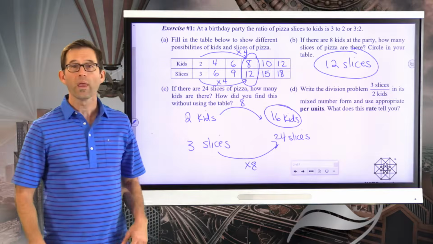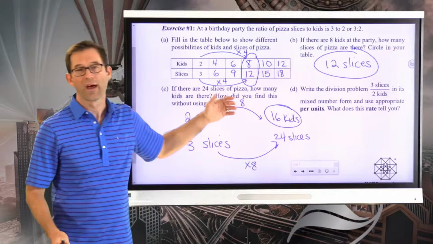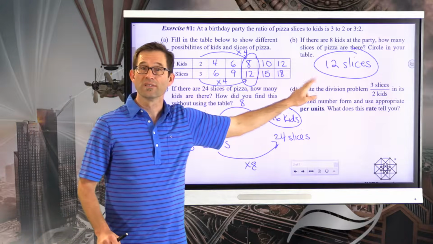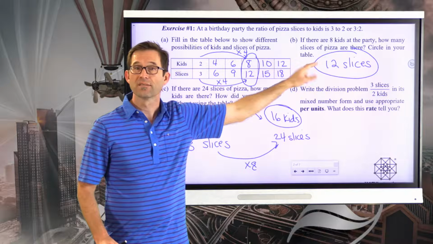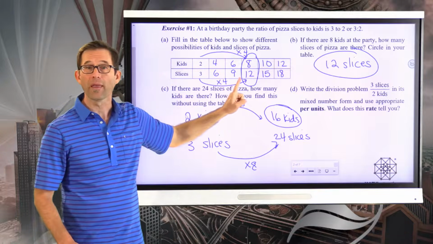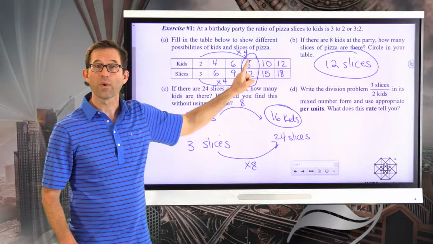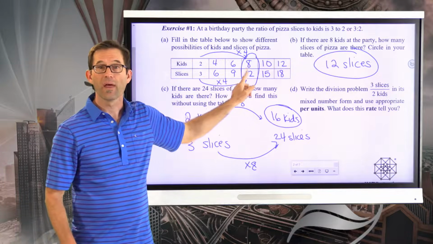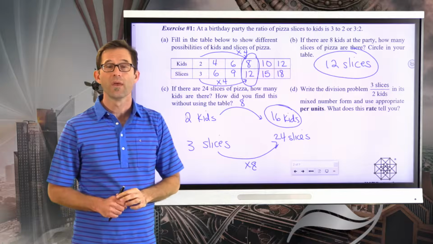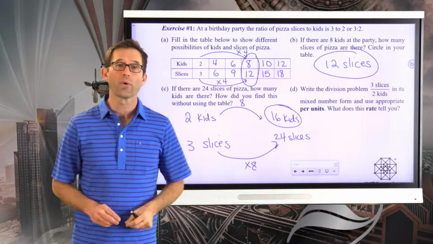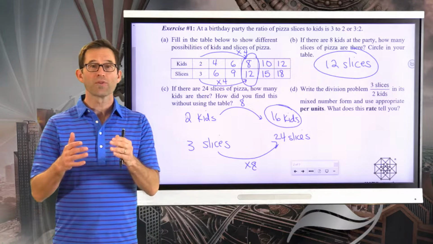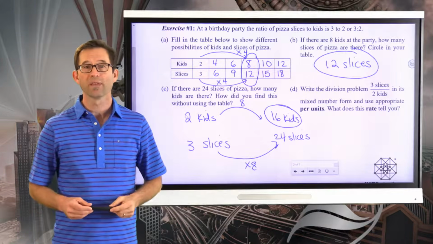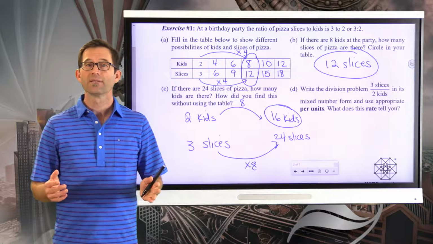Now, if we had extended this table forever, well, not forever, but if we keep extending it a little bit farther, then we would have eventually seen 24 slices and 16 kids. Notice, by the way, right, when we had 12 slices, we had 8 kids. And if I double 12, I get 24. And if I double 8, I get 16. Getting equivalent ratios and working with ratios is all about multiplying and dividing both parts of the ratio by the same whole number.